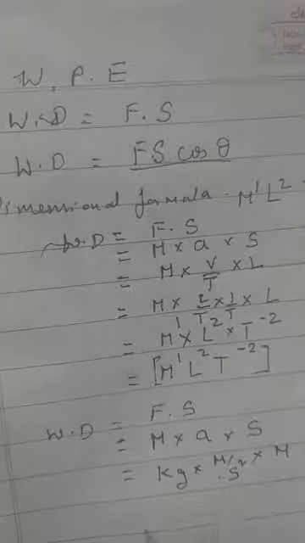Mass unit is kg, acceleration unit is meter per second square, into distance unit is meter. For this we can write as kg meter square second to the power minus 2.